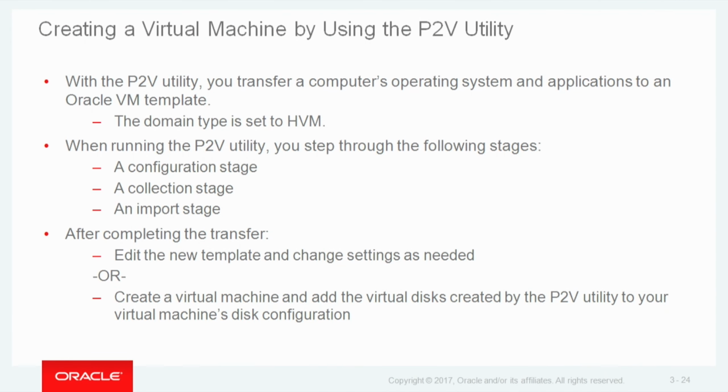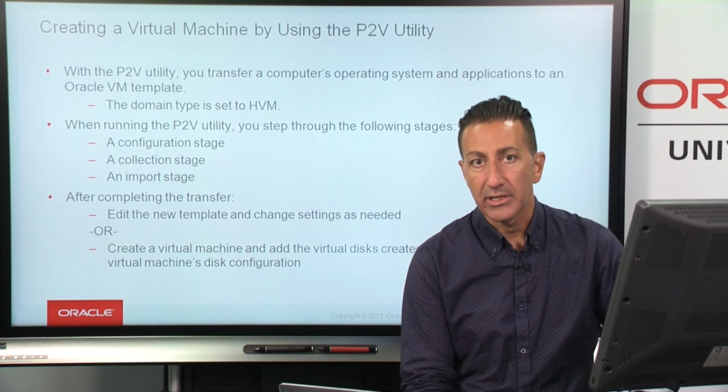This is for creating the configuration file for a virtual machine, the vm.cfg file. Also a collection stage in which you choose the different hard disks, the drives, to be imported and included in the template, and the import stage in which you get the template created.